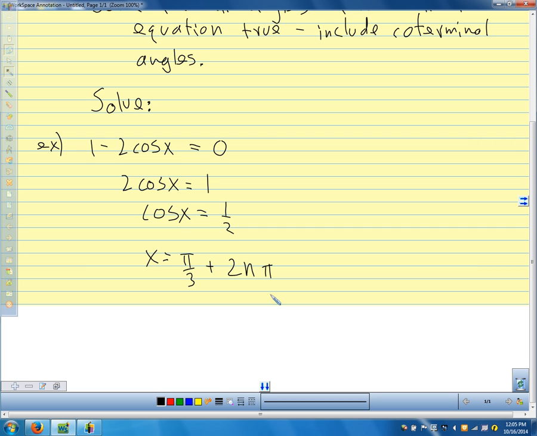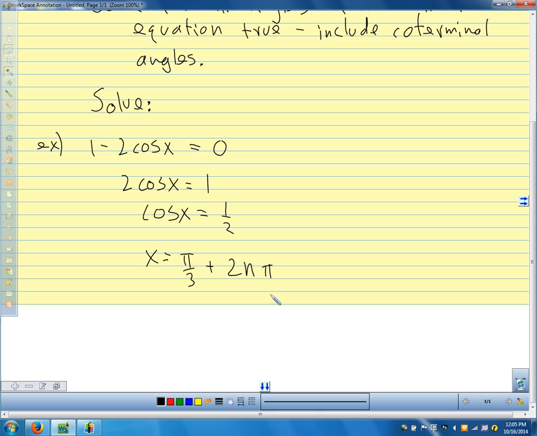So is that for all of them? Any of these you add plus 2n pi? We'll talk about tangent and cotangent in just a second. No, nothing that complicated. But now there's one more answer, isn't there?